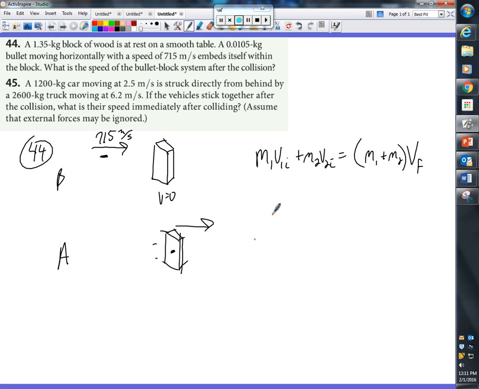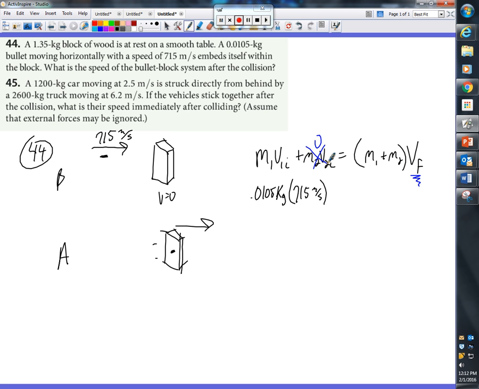So, the initial values, say this is the bullet, 0.0105 kilograms, 715, the wood block was not initially moving, so we can cancel that out. Then we have both of their masses that are now combined, and we can solve that for v final. So, mass of the bullet, 0.0105 kilograms, multiplied by 715 meters per second.